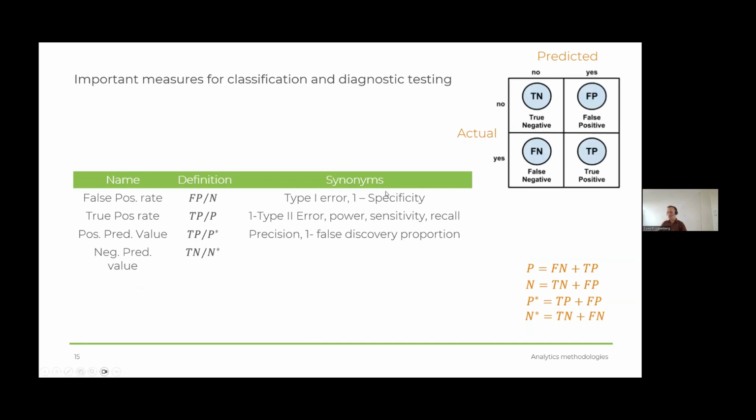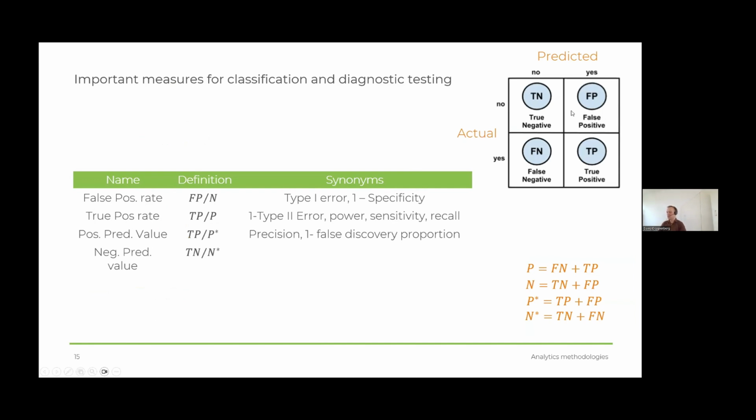Then there are two more that I want to highlight here, and those are the false positive rate and the true positive rate. For the false positive rate, you look at everything that you falsely identified as positive divided by everything that is negative, and everything that's negative is, of course, the first row here.